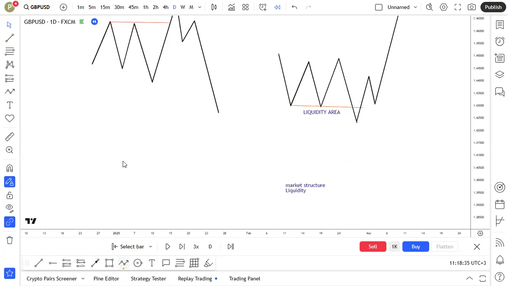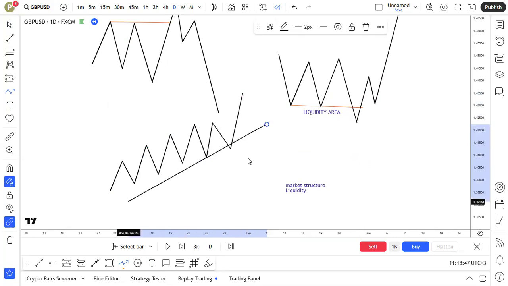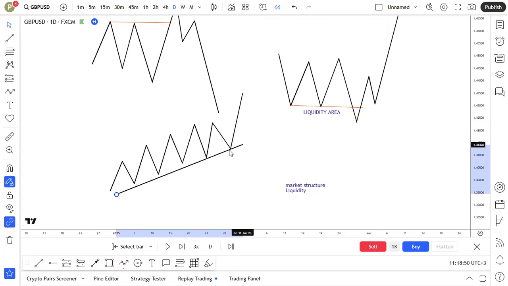Another example is trend lines. If you see price creating these trend lines, don't always be trapped with these structures. It is always very dangerous trading these trend lines like that.